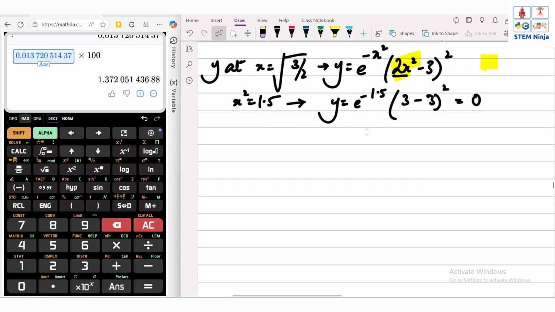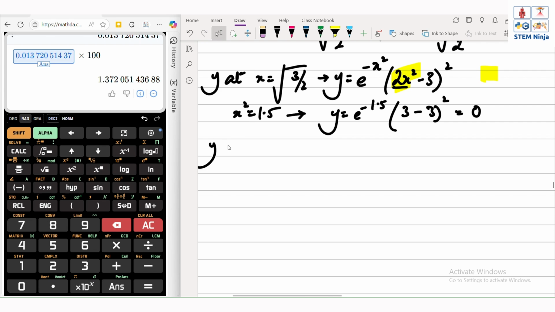So y at x squared equal to 7 over 2, 3.5.